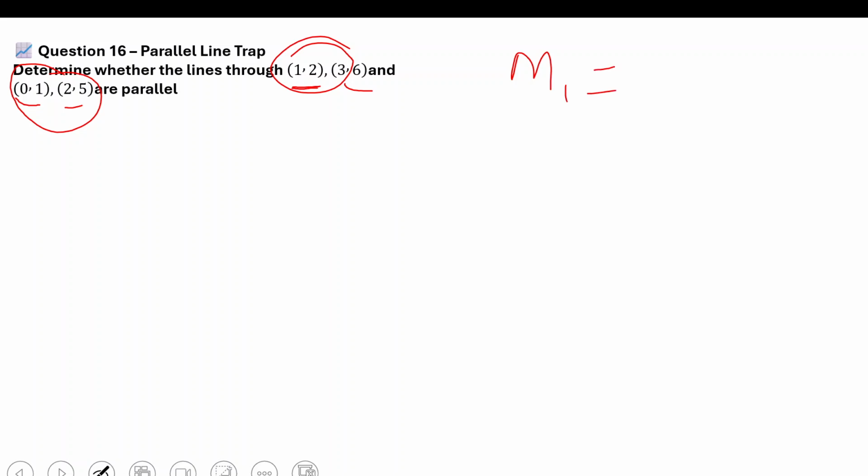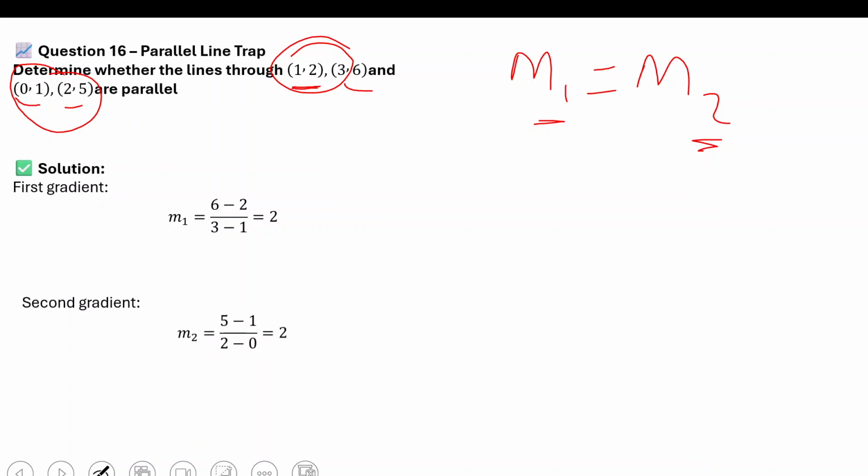If line 1 gradient and line 2 gradient are the same, then the lines are parallel. The gradient of the first is m1 equals (6 minus 2) over (3 minus 1), which is 2. For the second, m2 equals (5 minus 1) over (2 minus 0), which is also 2. Both of them give us 2, so the lines are parallel.